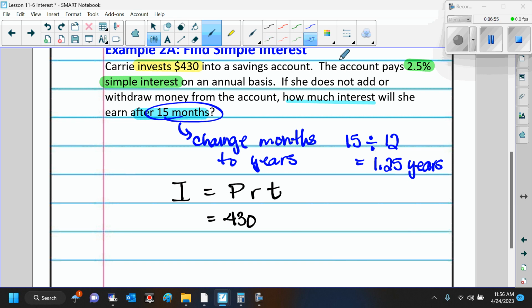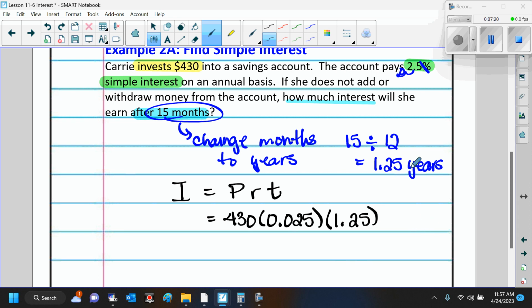What do I have to do to that before I put it into the equation? Change the percent to a decimal. So we're going to put into the equation 0.025. And then the time that we're going to put in, we already calculated it up here, is 1.25 years.